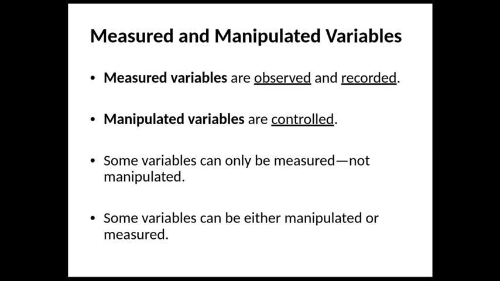Are we measuring the number of matrices that they solved? Those are measured variables. Manipulated variables are the ones that the researcher gets to set. Studying, not studying, 0 hours or 6 hours versus 0 hours. In a drug trial, right, it's placebo versus 50 milligrams of a medication.